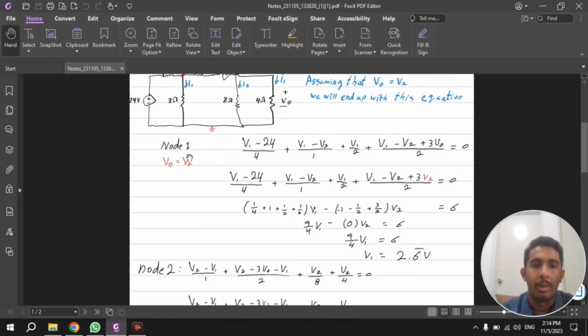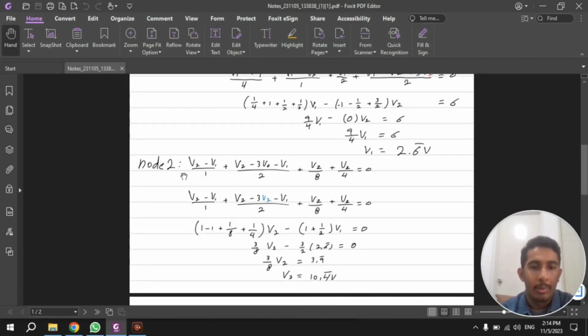So calculating the first node, we're gonna have this equation. We take V0 to become V2 and do some calculations. We end up with V1 equal to 2.6666 volts.